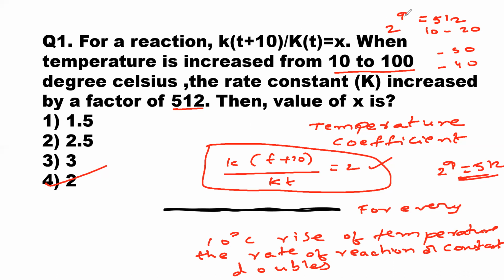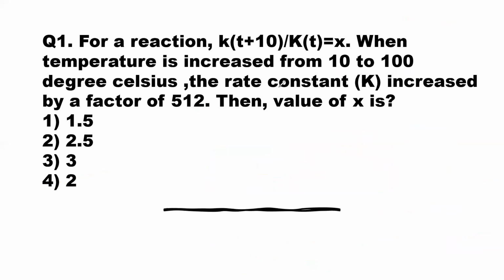If we take 2 power 9, it is 512, so the temperature coefficient is 2. Suppose if we take 3 power 9 and it is coming 512, then the answer is 3. But here 2 power 9 is 512. So the answer is 2. That is called temperature coefficient of the reaction. So fourth option. I hope it is clear.